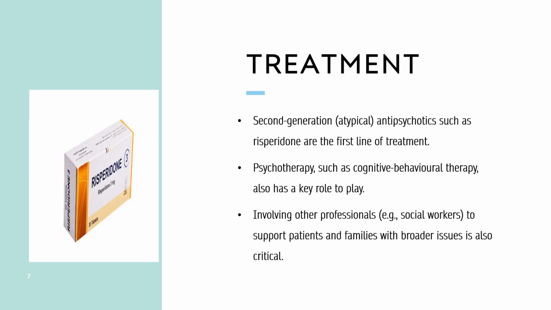Therapy has an important role, and it's also important to involve other professionals, for example social workers, to support patients, to support their families as well with some of the broader issues that they may be experiencing. So we spoke about some of the triggers for schizophrenia, and working with other professionals and closely with the patient and family members to resolve those problems is very important in helping the patient overcome the symptoms they are experiencing.